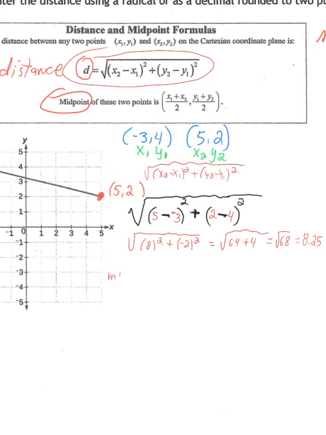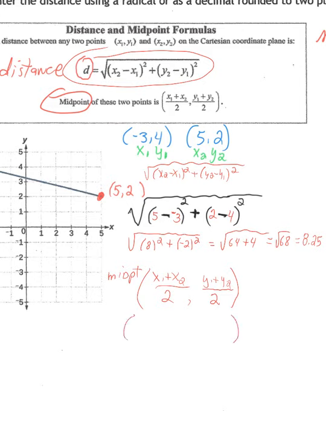And the midpoint, same way. I take x1 and x2, add those up and chop them in half. That's taking the average. If I had two numbers and wanted to average them, I'd add them up and cut it in half. So I'm taking the average of the x's to get the midpoint x coordinate, and the average of the y's.